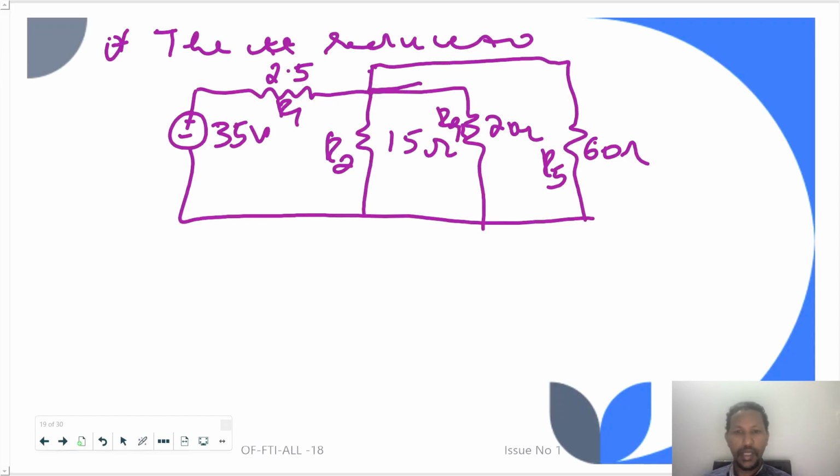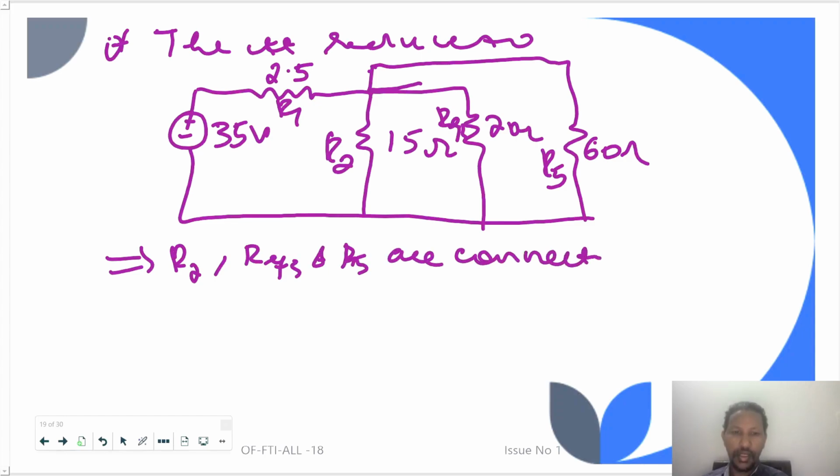From this network configuration, R2, R equivalent 3, and R5 are connected in parallel, because one terminal of each is connected at this point, and the other terminals are connected at the same point.